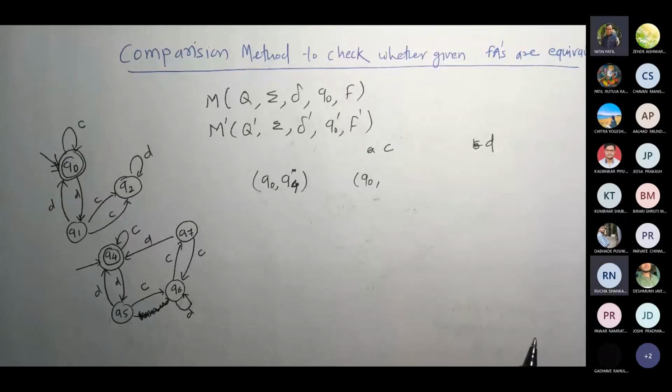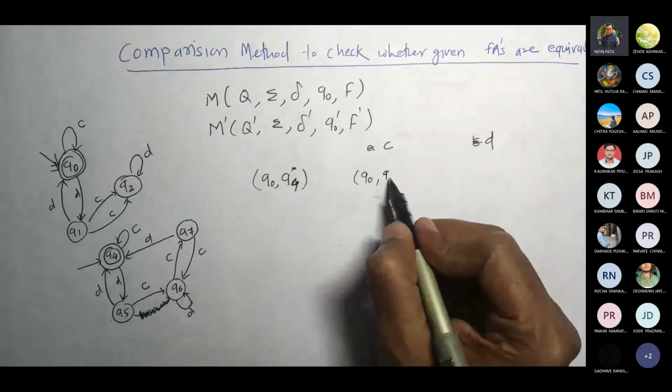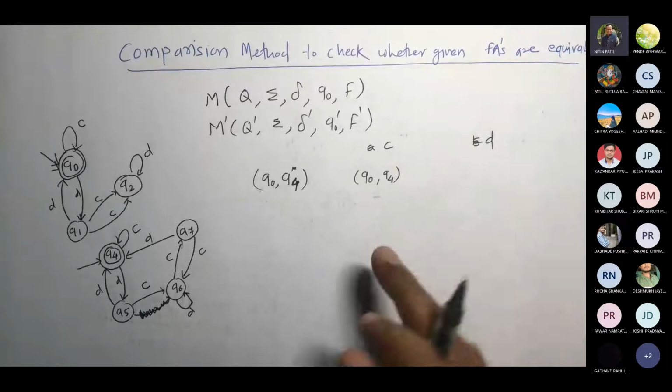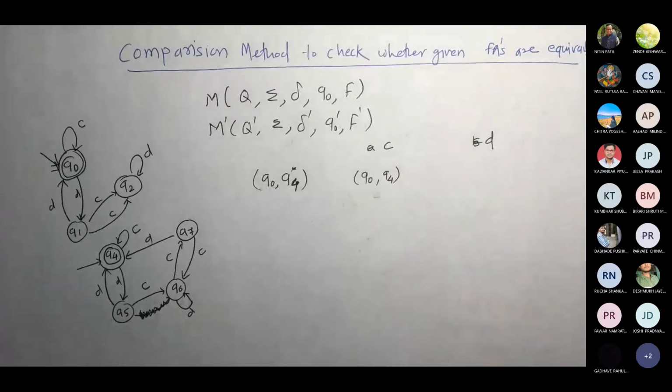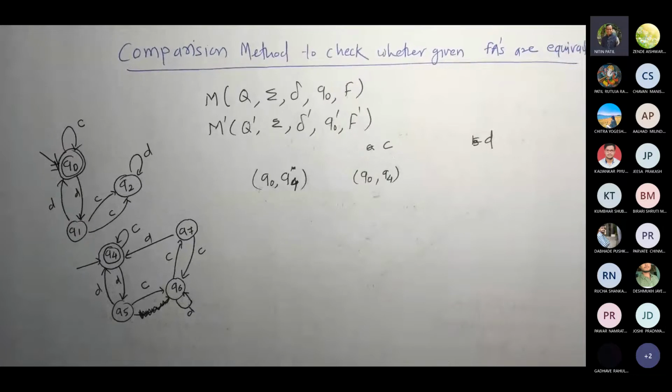Q4 only, correct? Okay, let me write it Q4. Are they both final? Yes. Q0, Q4, are they final? Yes, correct.